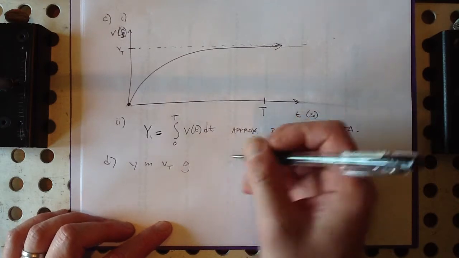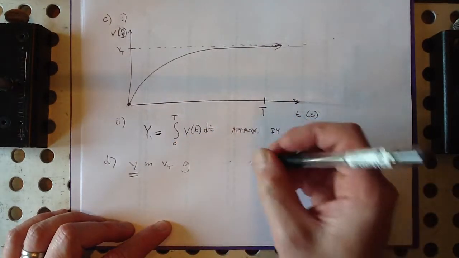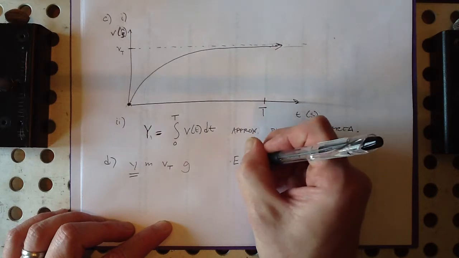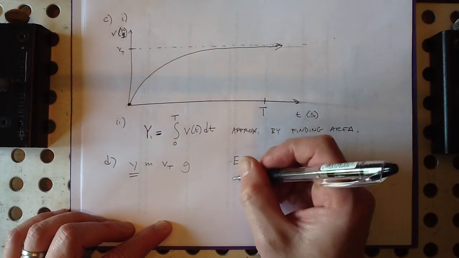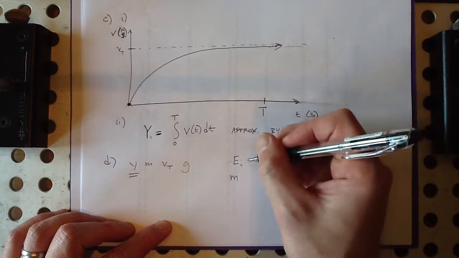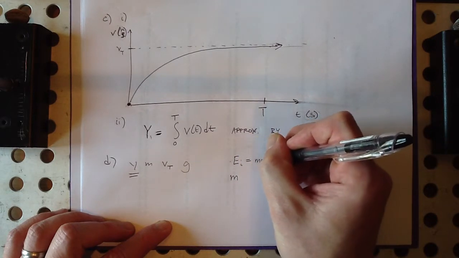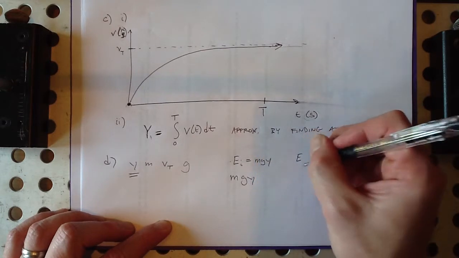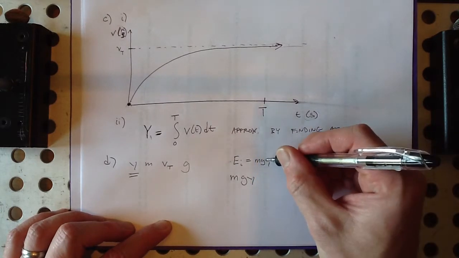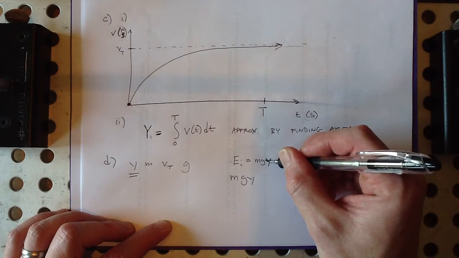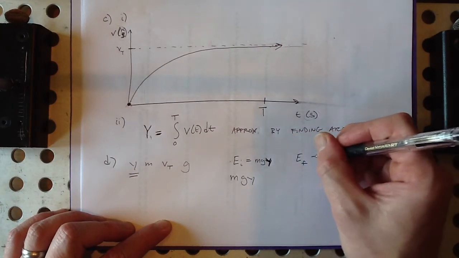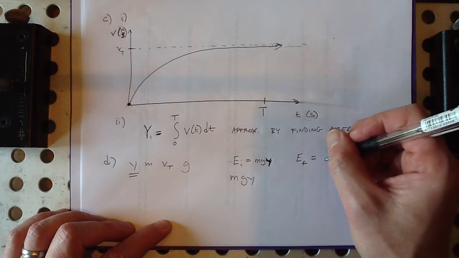So let's see. Initially, if we've dropped the distance lowercase y, our energy would be all potential before we dropped it. That's mgy. And finally, at the end, after it's dropped that far, it only has kinetic energy, right?